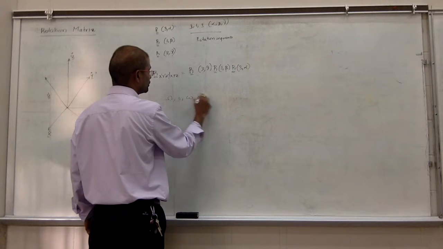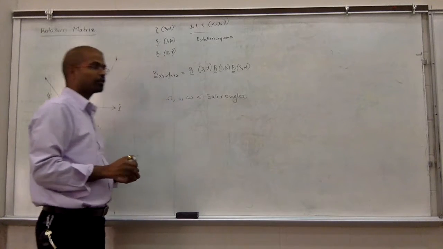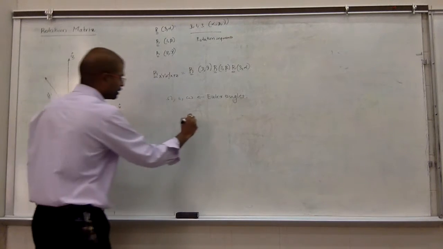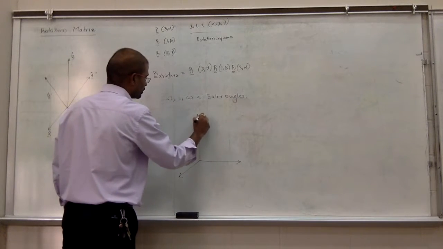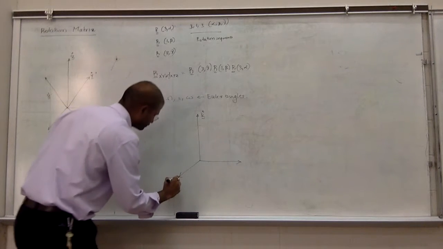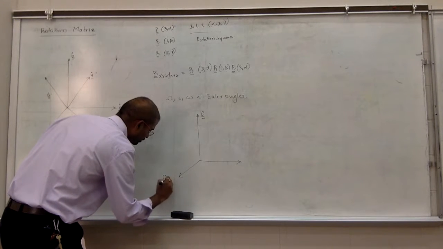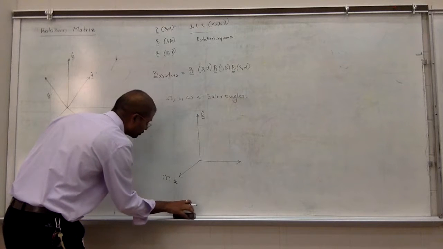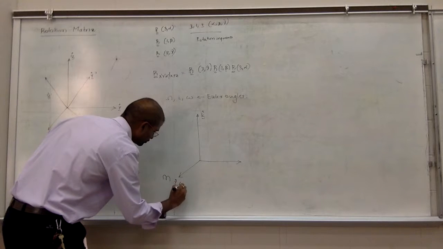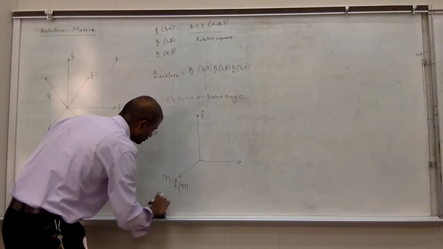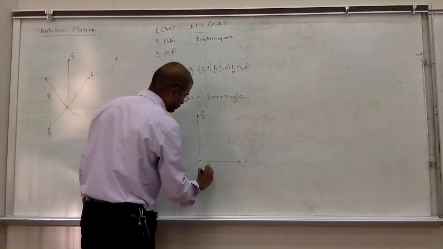These are called Euler angles, and the reason they are called Euler angles is, let's say you are in this frame with K, I, and J. And this is the ECI frame, okay?